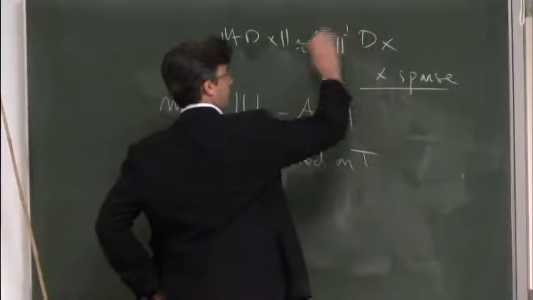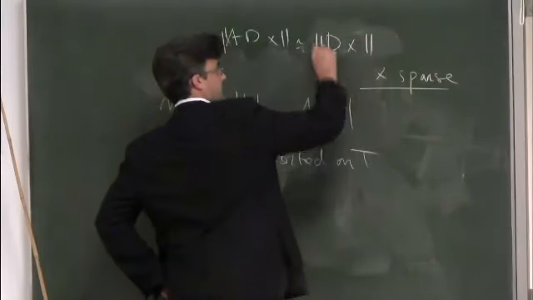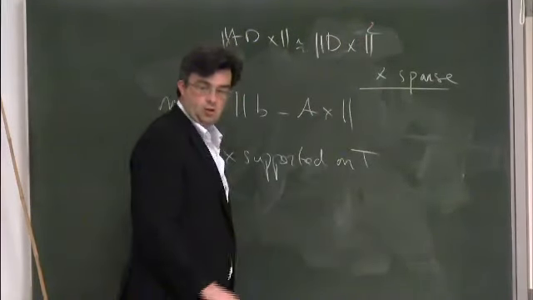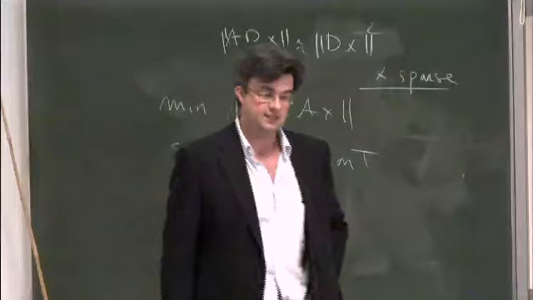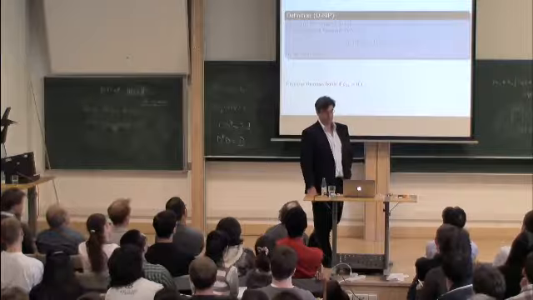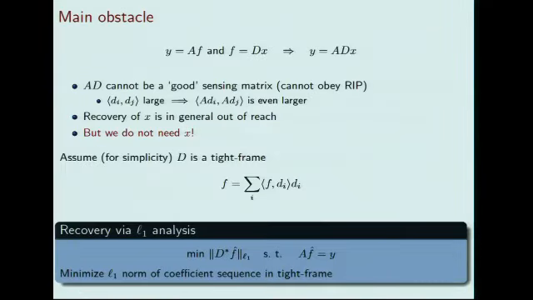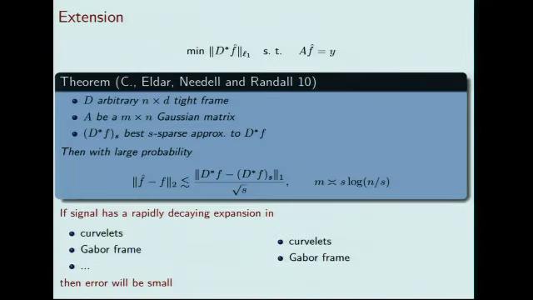I'm asking this, holding for all sparse x, and that I can get. Okay, and that's all I need, because if you have a property like this, then if the restricted isometry constant is small enough, you get this general recovery theorem that says that you can use overcomplete representations. What you get is an error term that looks like this. So if you decay rapidly, the error will be small.